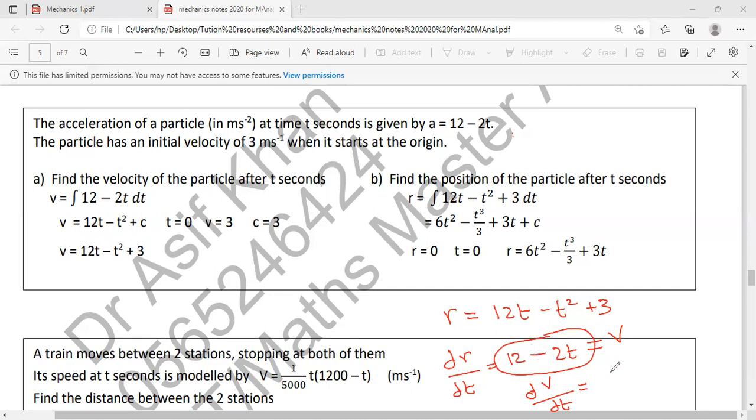12 का डेरिवेटिव क्या आएगा? What is the derivative of 12? It will be 0. और माइनस 2t का डेरिवेटिव? माइनस 2. तो ये आपने निकाल लिया dv बाई dt, यानी दूसरे अल्फाज में आपने क्या निकाल लिया?